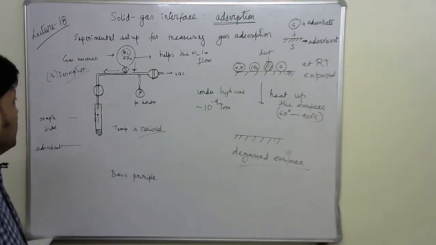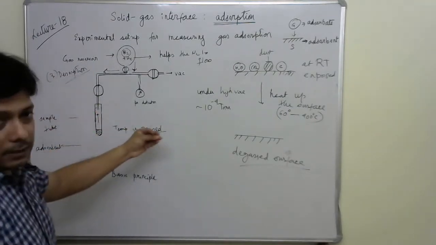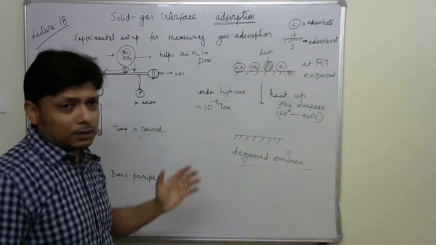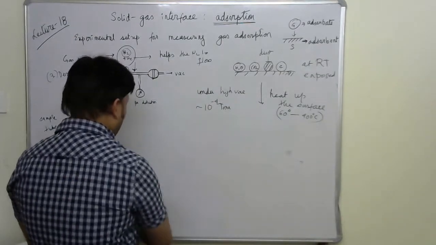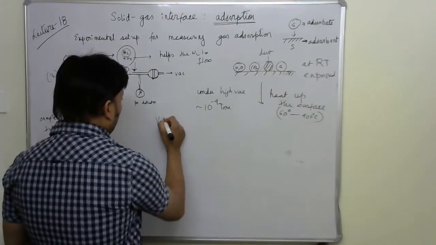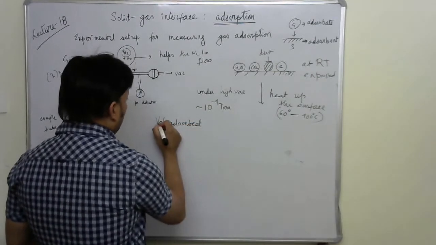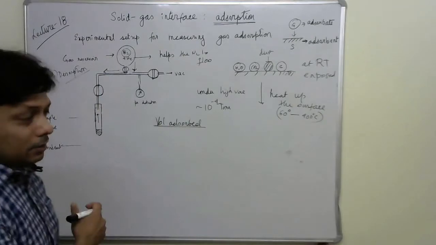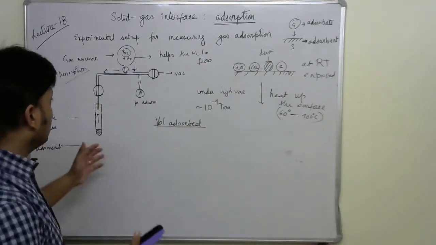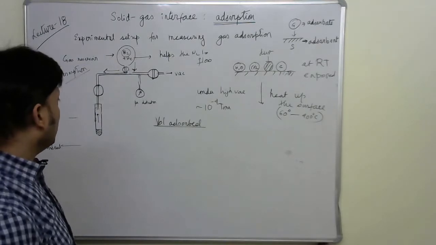All right, so the data we get from this experiment is in this manner. That is the volume adsorbed, which is measured from these detectors. There are various detectors which can detect not only the pressure but the volume that gets adsorbed.